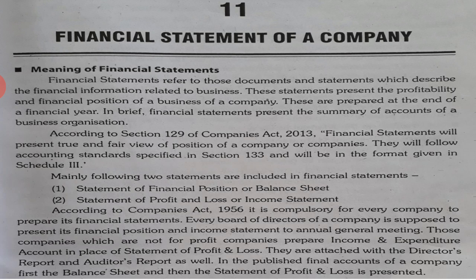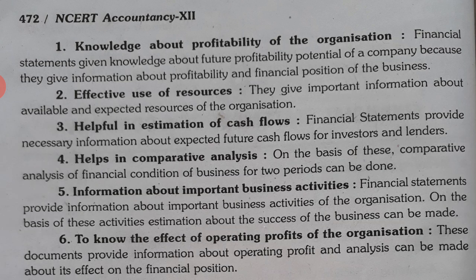What are the objectives of making financial statements? The main objective is to provide information related to the financial position of the organization, performance of the organization, and cash flow. You can see on your screen now, the first one is knowledge of profitability of the organization.